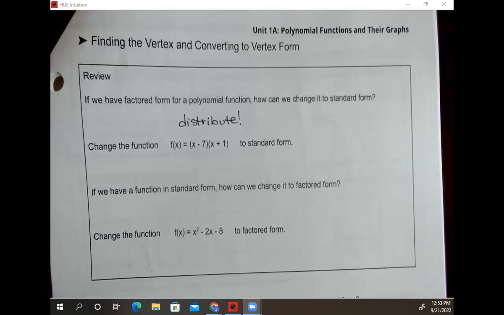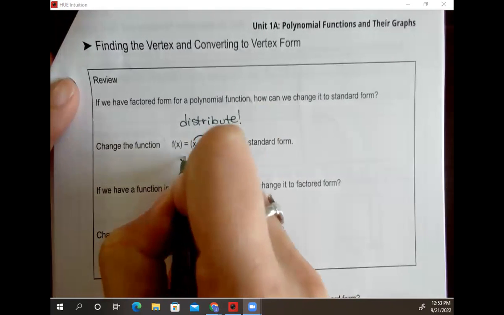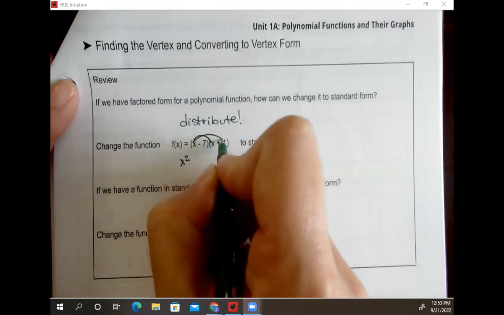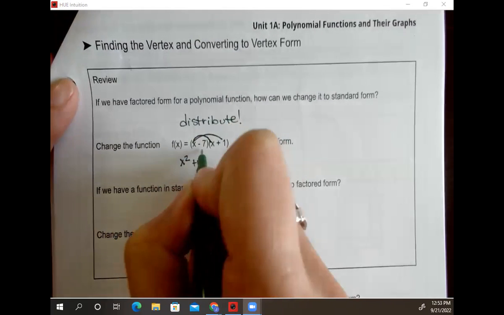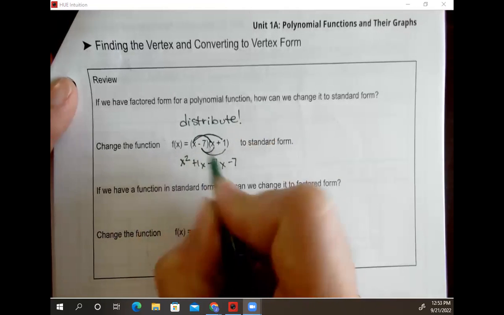Yeah, that's just distributing, okay? So, FOIL, yeah. So if I've got factored form, we will distribute x times x is x squared, and then plus 1x minus 7x minus 7.